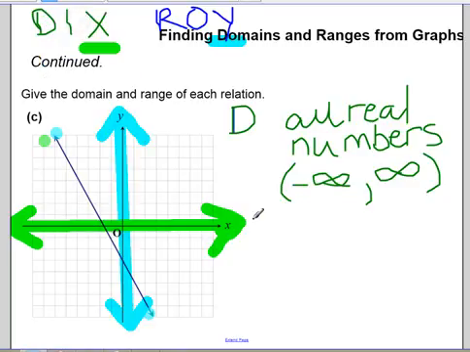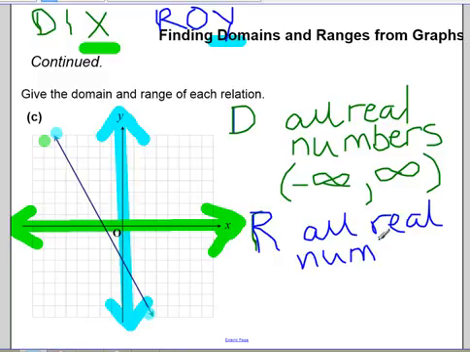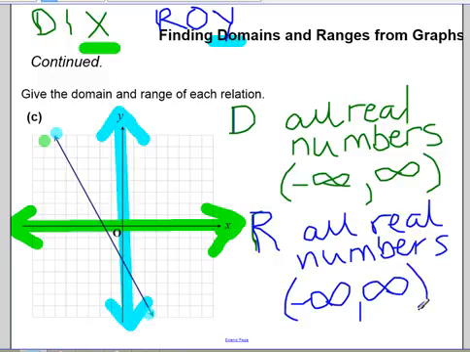So our range is also all real numbers. And using interval notation, we can say the range goes from -infinity to +infinity. For domain, you go left to right, and for range, you go low to high.